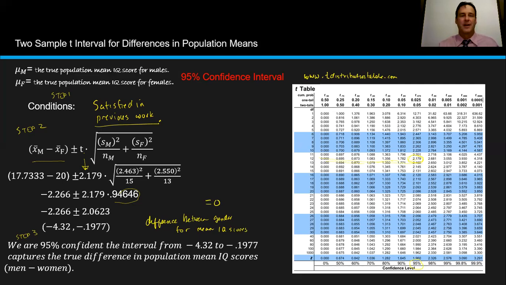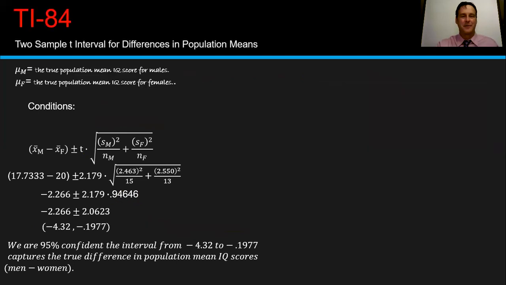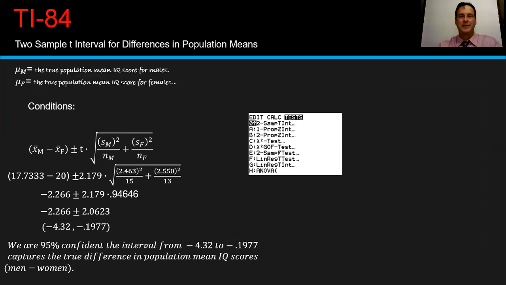Alrighty. Now, some of you may ask, again, is there a graphing calculator method for this? There definitely is. I saved all the work here for you just so you can see that it's the same. Your first step is to go to TI-84. Same stuff, stat, and then we're going to go to tests.